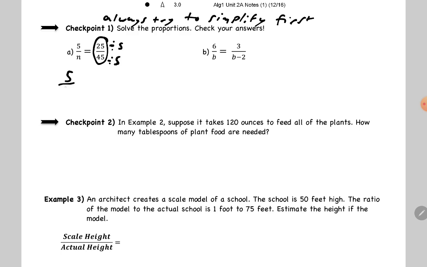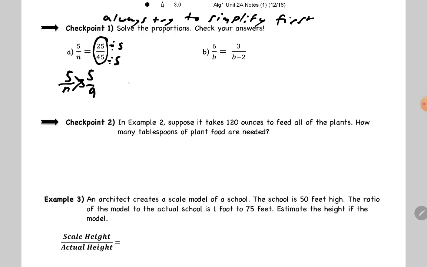So I have 5 over n on the left, and on the right I've transformed it into 5 over 9. Now I can do my cross multiplication. Even though it's kind of obvious what n is now if you look at the difference between left and right, we're going to do our cross multiplication to show our work.